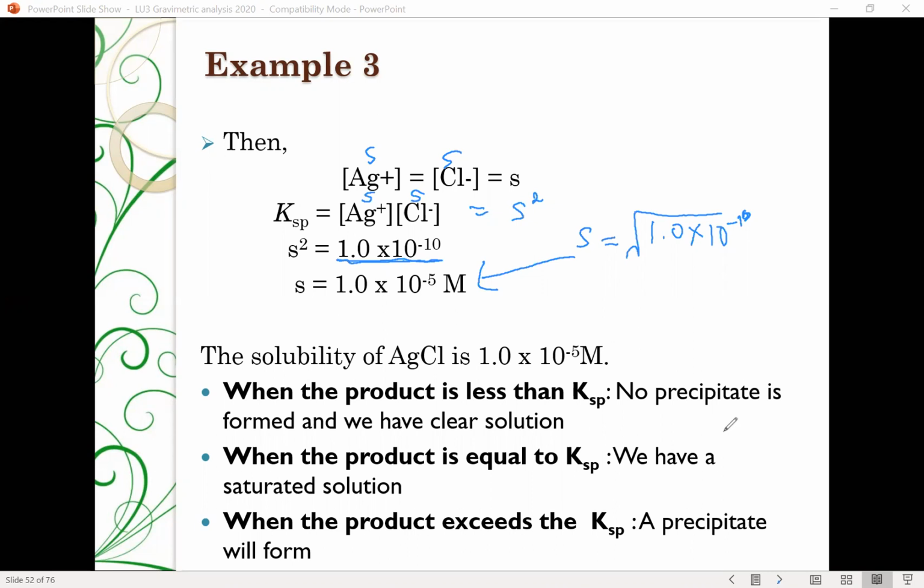If we look at the S that we get here, 1 times 10 to the power negative 5, this is higher compared to the Ksp. What happened here is that the product exceeds the Ksp, so a precipitate will form.